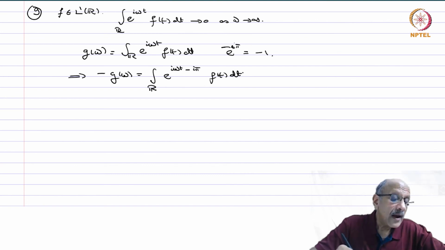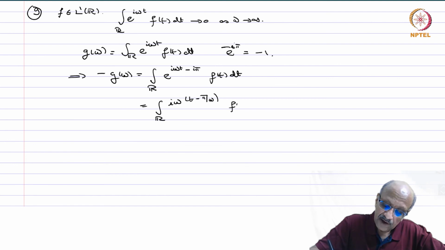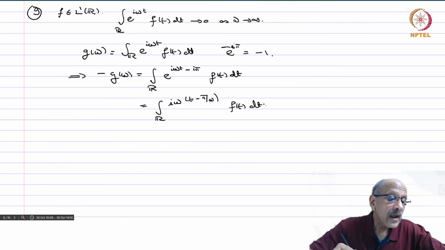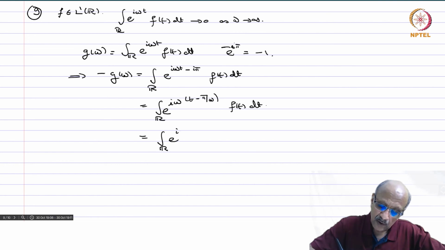Okay. And that's equal to the integral over R of e^{iω(t - π/ω)} f(t) dt. And if I make a change of variable, this is equal to the integral over R of e^{iωt} f(t + π/ω) dt.